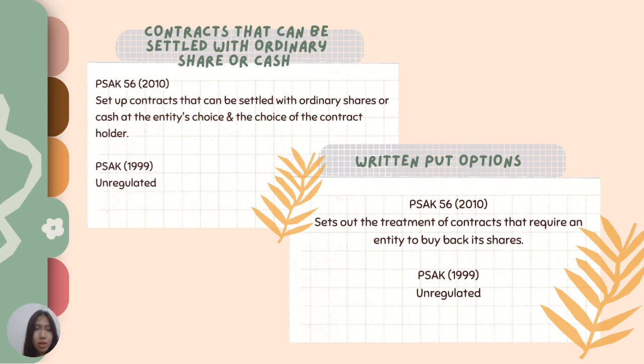For contracts that can be settled with ordinary shares or cash, PSAK 56 2010 sets them at the entity's choice and the choice of the contract holder, but PSAK 1999 is unregulated.